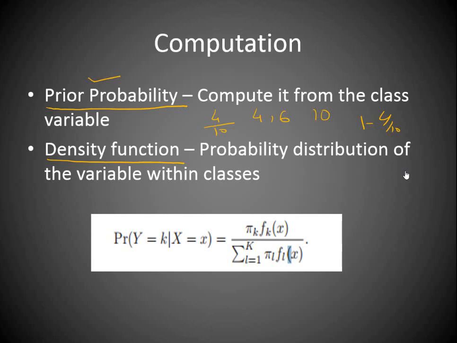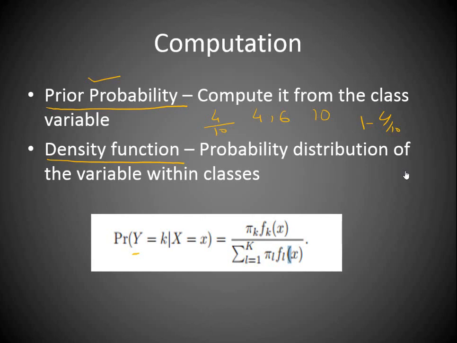Once we have computed the density function and the prior probability, we can put them in the Bayes formula of finding out the posterior probability. Now, what is posterior probability? Well, it's just a fancy term to say the probability of a particular observation falling into a particular class.